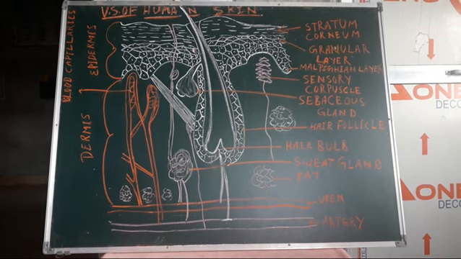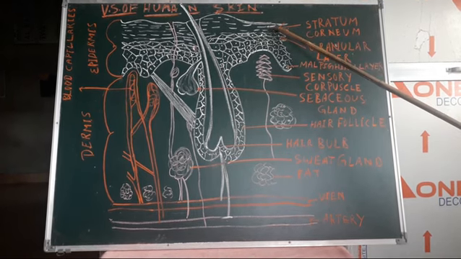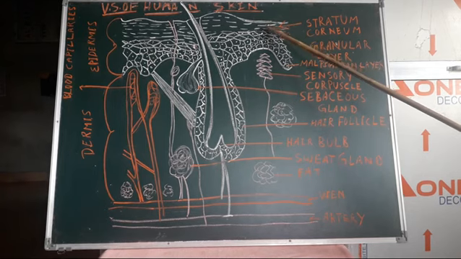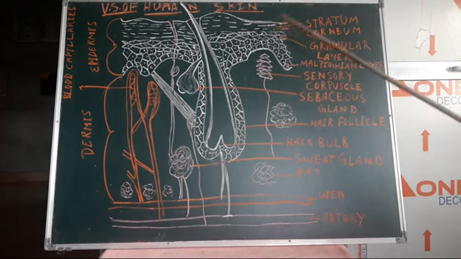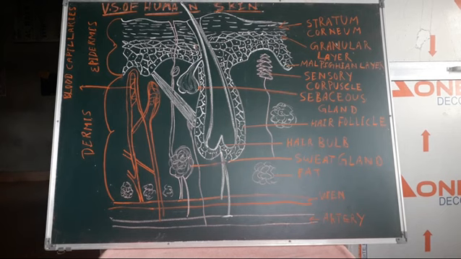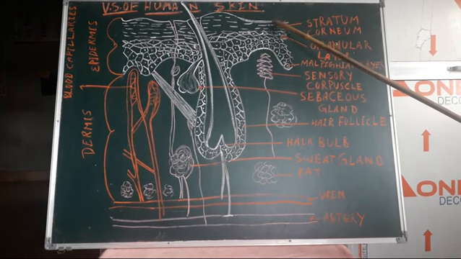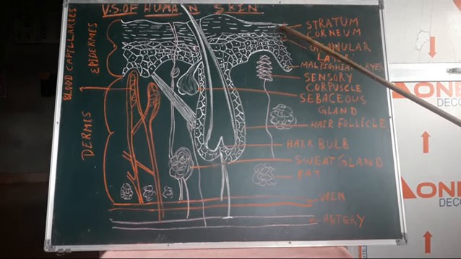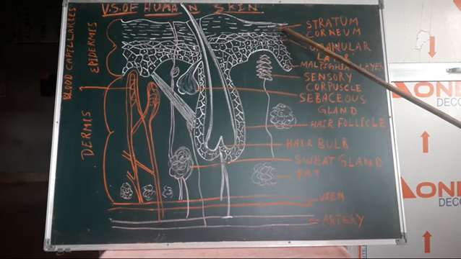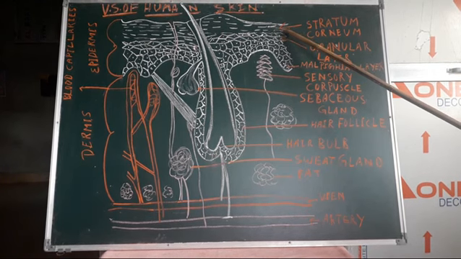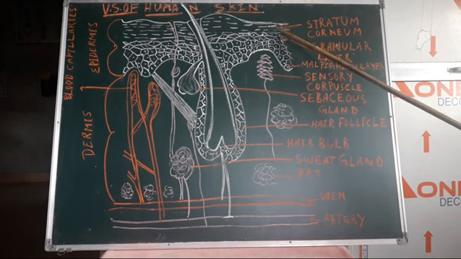The first part is made up of cornified cells, layer after layer, and they are flattened dead cells. That's why I said it is devoid of blood vessels, and when there is any scratch, blood will not come and there is no pain.